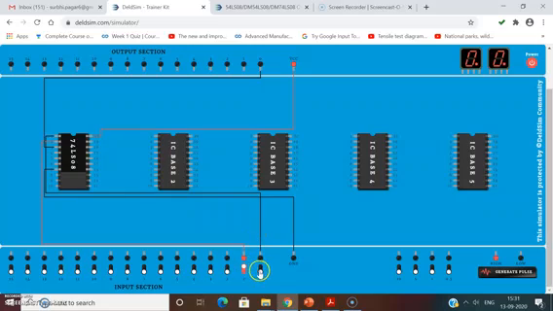Now I will put on both the inputs. See, 1 and 1, and you are getting output as 1. This is the AND connection. Both inputs are 0, output will be 0. Any one input is 0, output will be 0. Both inputs should be 1, then only the output is going to be 1.